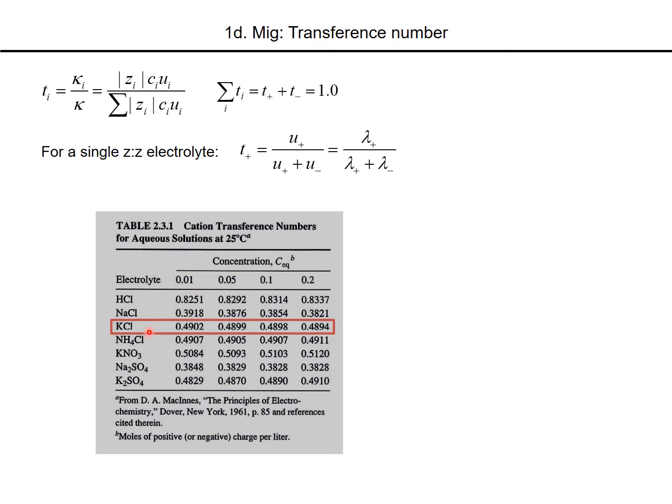In the previous slide about the mobility, I have emphasized this because the mobility of K plus is similar to the mobility of chloride minus. Therefore, its transference number is around 0.5, which means the contribution of cation to the overall conductivity is the same as the contribution of anion to the overall conductivity. So 0.5.